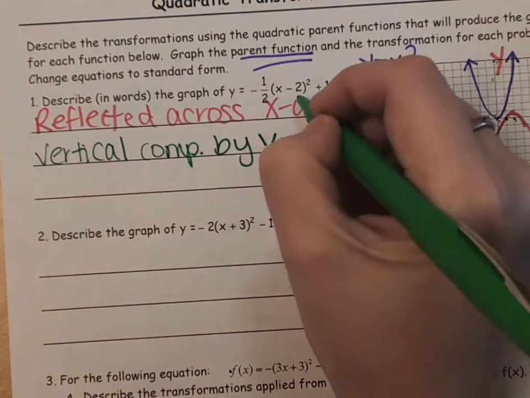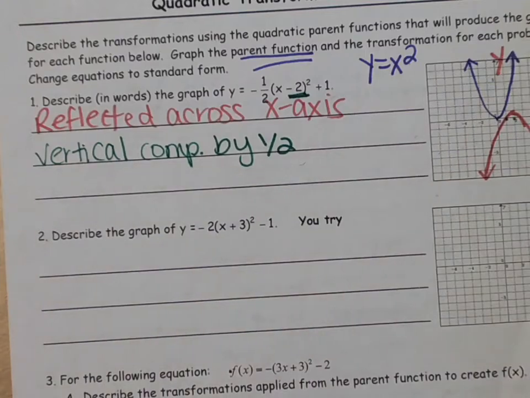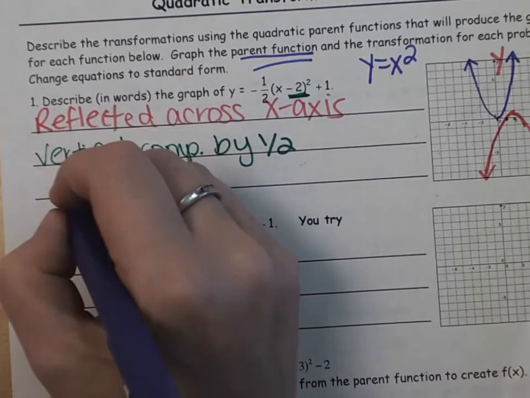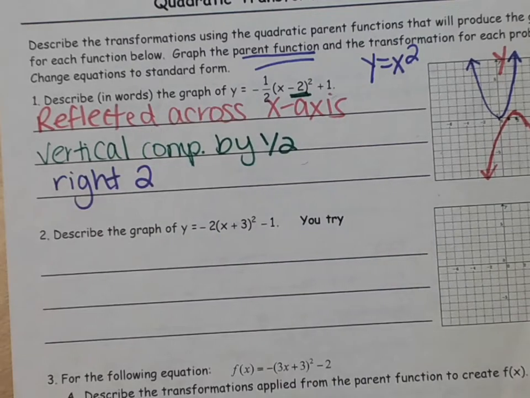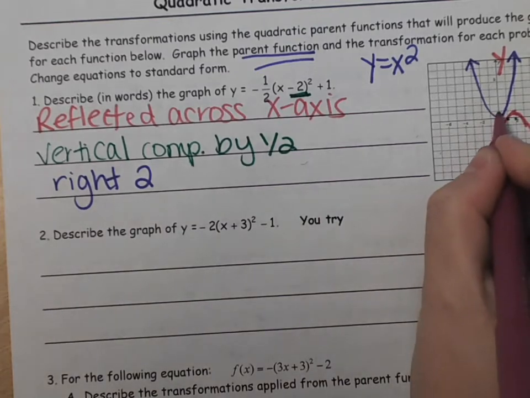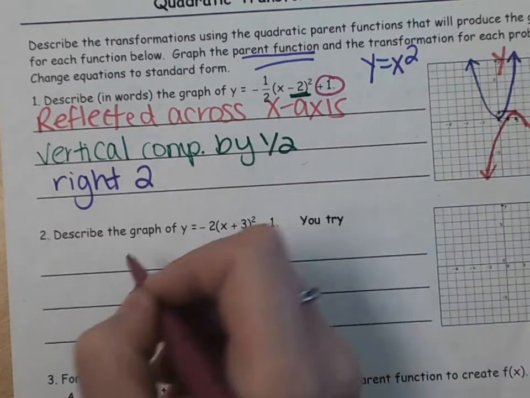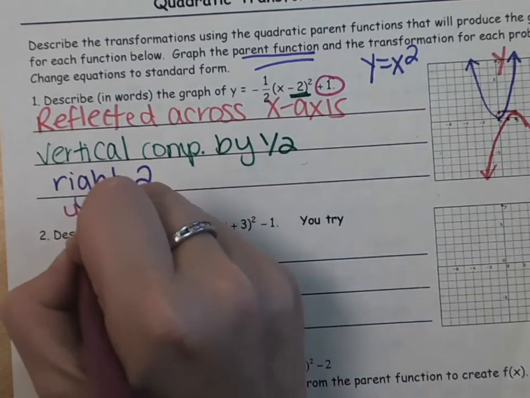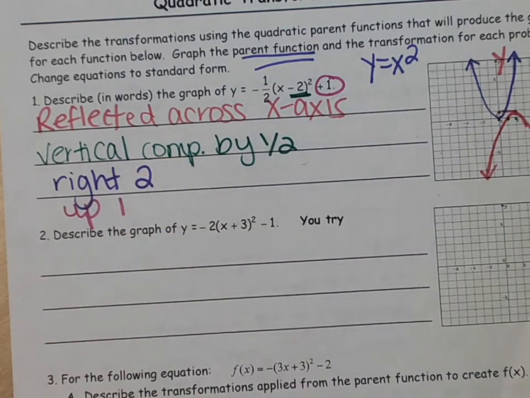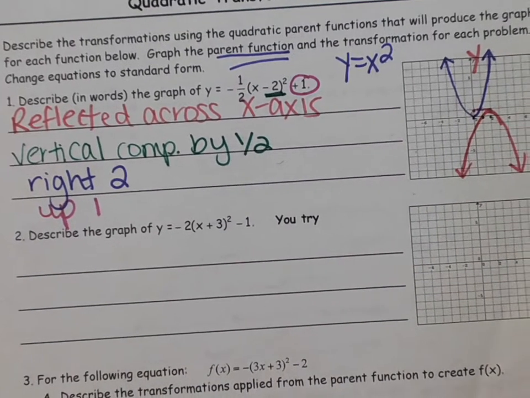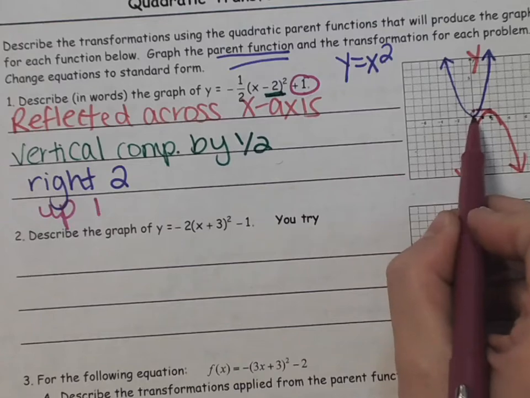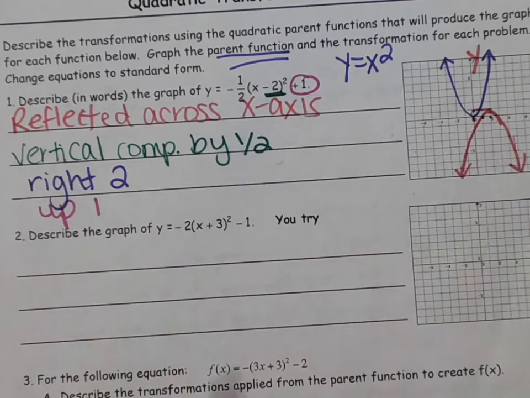That 2 has to do with this guy here. So he went right 2. And then did he go up or down? Well, he started here and now he was up here. So that tells me he went up 1. You're just counting from the origin, from where you started, and comparing.